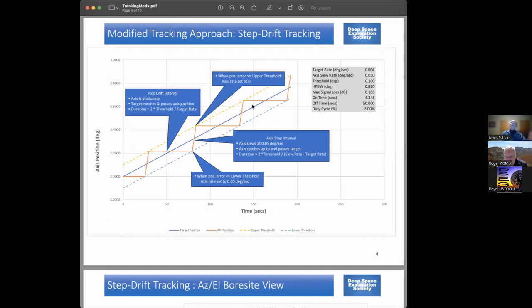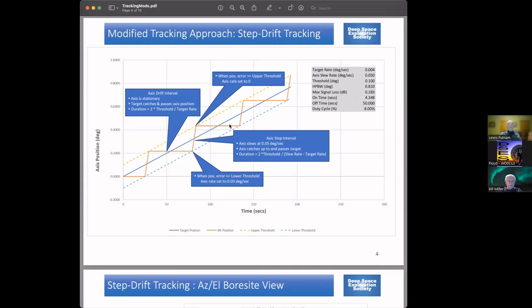And so we're going to contrast the old approach with this new modified approach, and label it step drift tracking, because basically it consists of a cycle of stepping and then drifting.